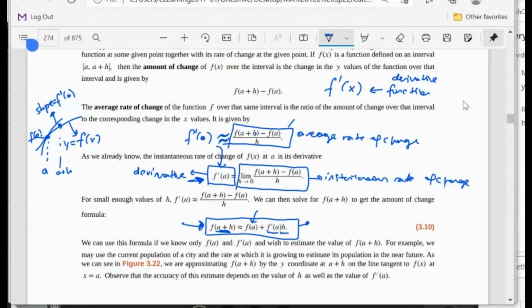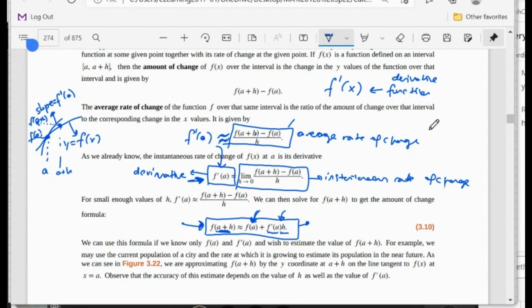That means to be able to find the value of the function at a plus h, you can make use of this tangent line. Just use the value at a, f of a, and add to that value the rate of change times how much you are moving.